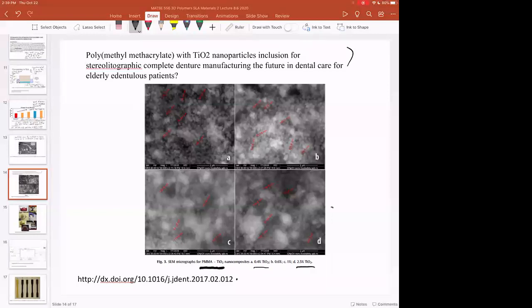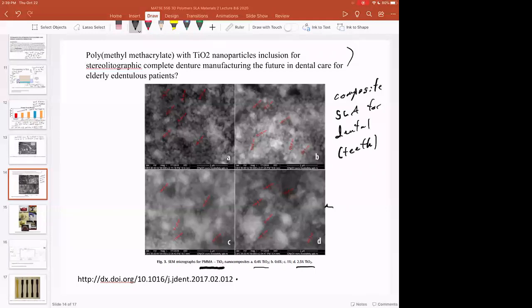And here are some SEMs right here with the requisite scale bars. And they're talking about the size distribution of the TiO2 nanoparticles here. But this is a composite SLA for dental. And by dental, we mean teeth.